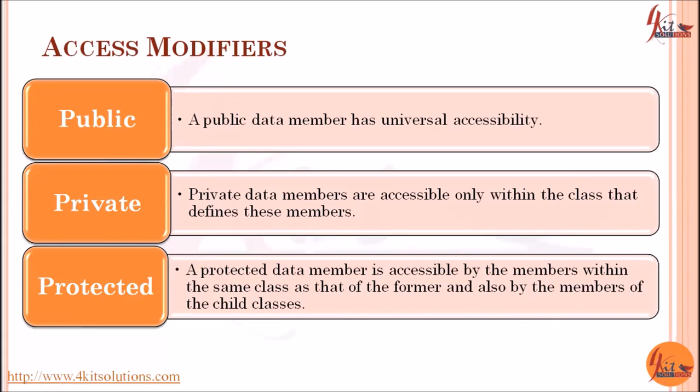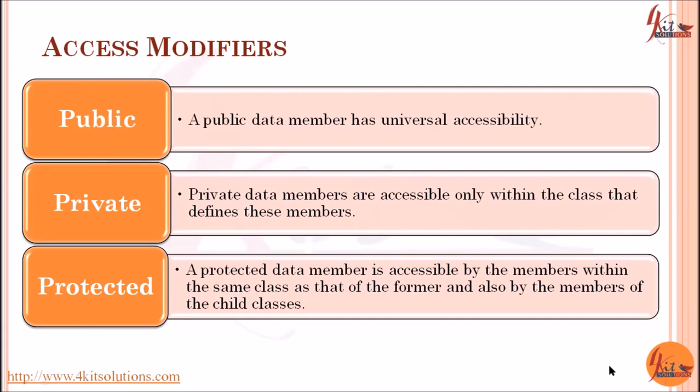If we declare a property or a method as private, it would be accessible only within the class. It won't be visible or accessible outside the class. And a protected member is accessible by the members within the same class as well as by the members of the child class. So if we have a protected variable, it would be visible inside that class, plus it would be visible only to the child classes. It won't be visible to non-child classes of the parent class.